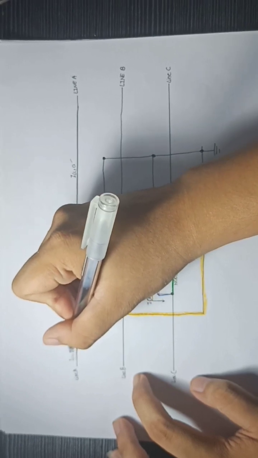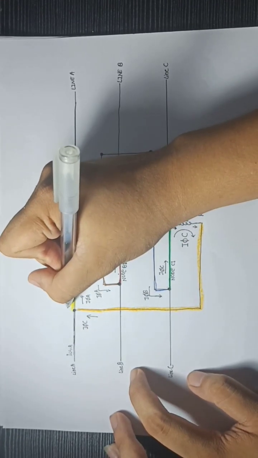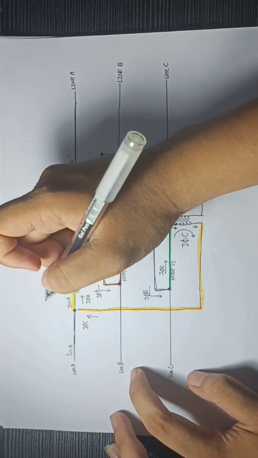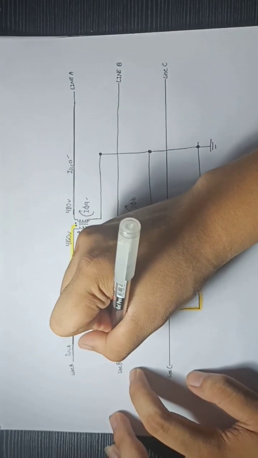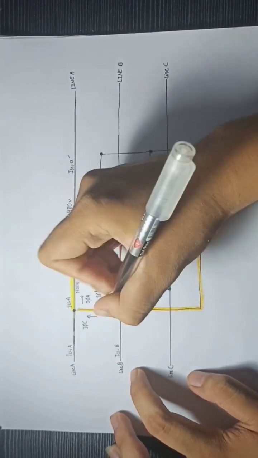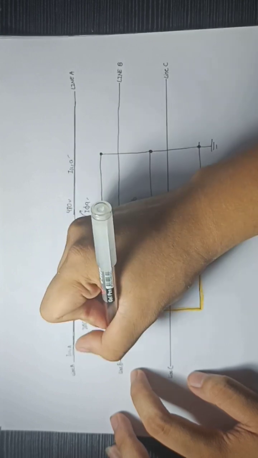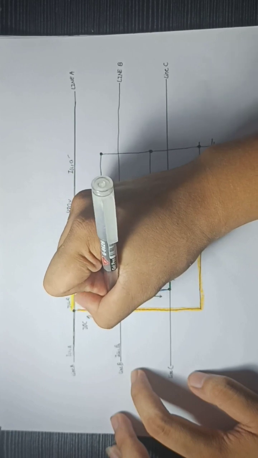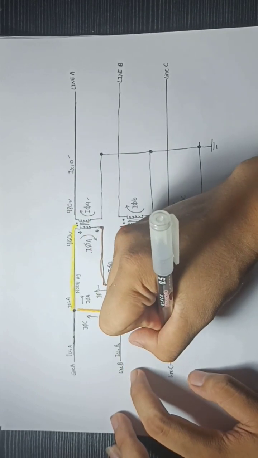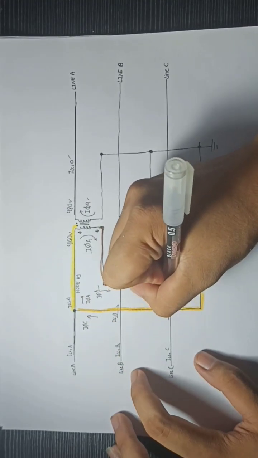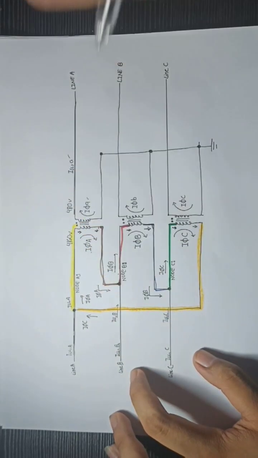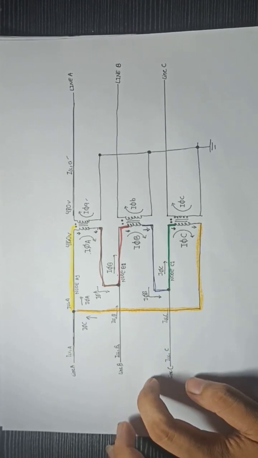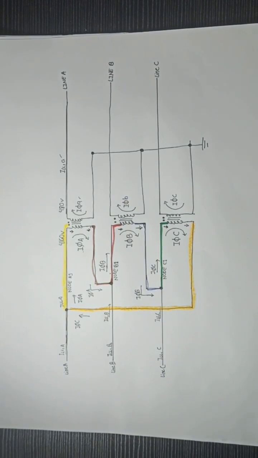Line-to-line current A, and similarly with line B and line C. So we know exactly what's going into each node and what is coming out of each node.